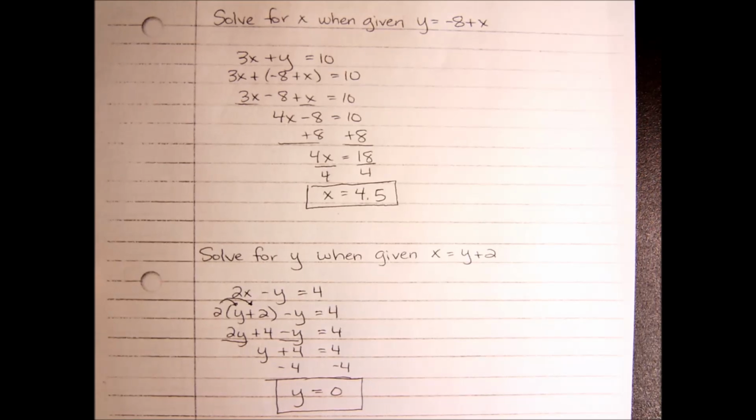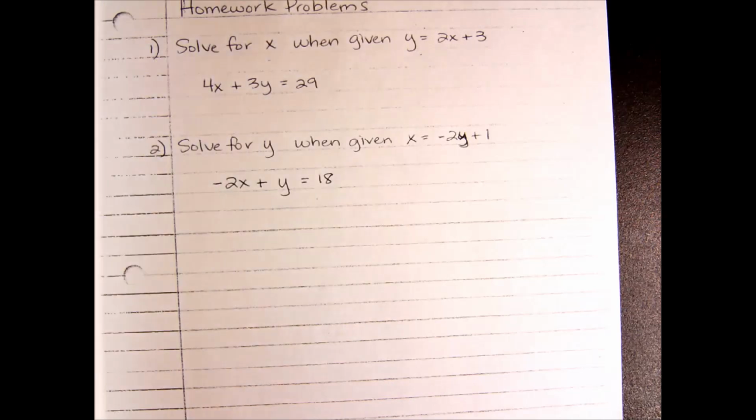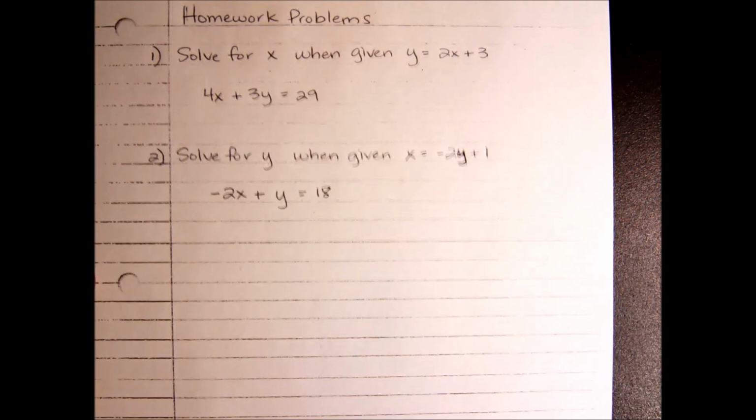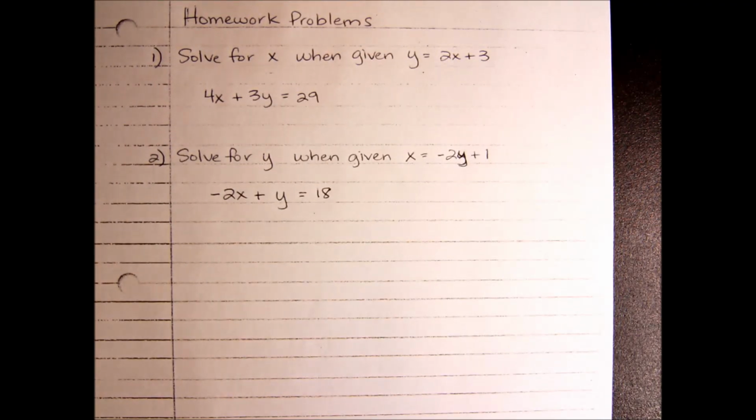Take a minute and check over your answers to be sure that you have the same answers. Pause the tape if necessary. Now, try these 2 problems for homework. Be sure to bring them into class when you come.